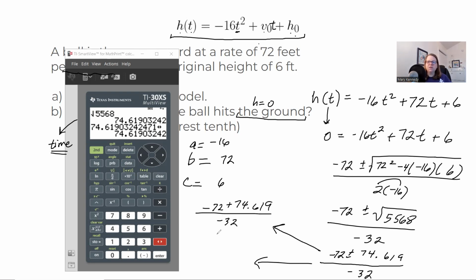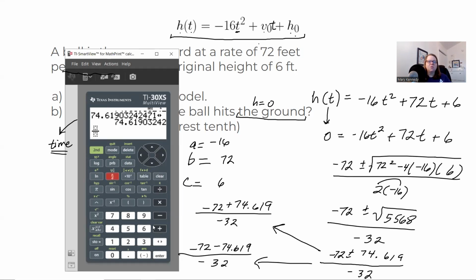We're saying that is one solution to this question, but negative 72 minus all of that over negative 32 is the other solution, right? Quadratics are going to have two solutions many times, most of the time. Okay, so it's simply two separate problems. We were just writing it as one until now, but now that we actually need to do the computation, we want to think of it as two.